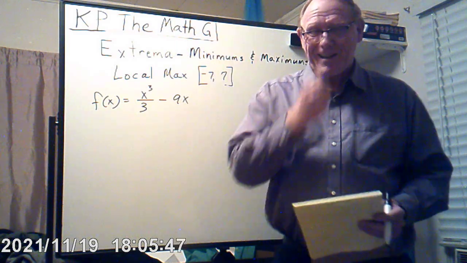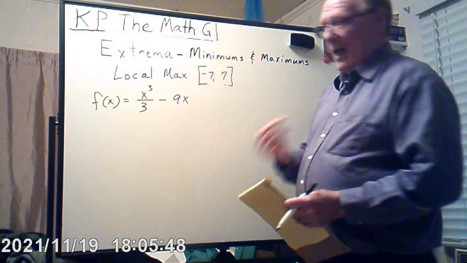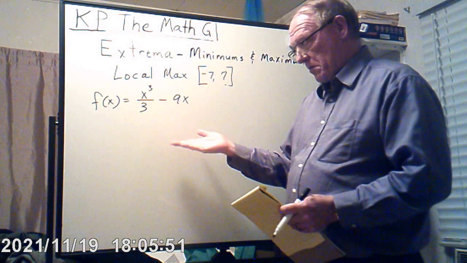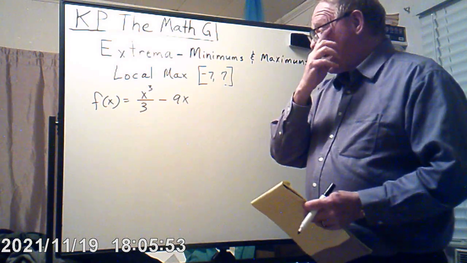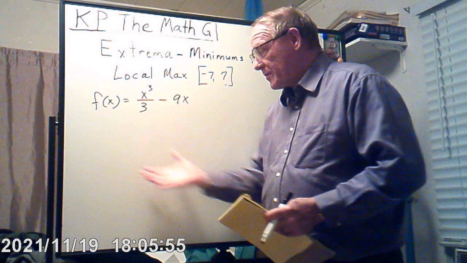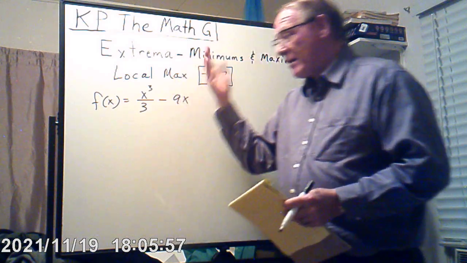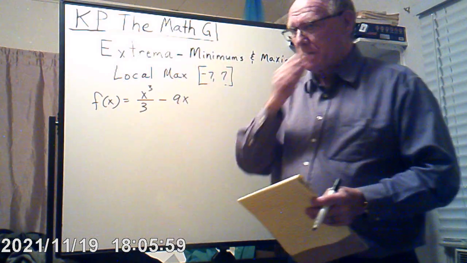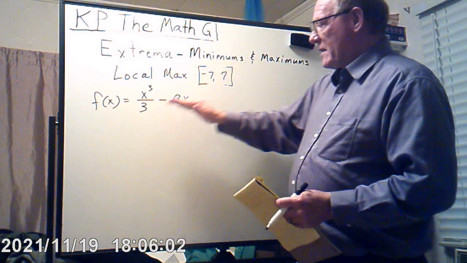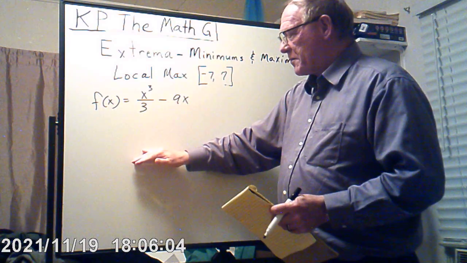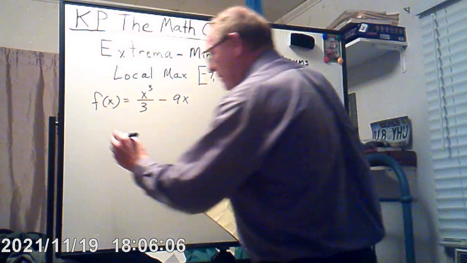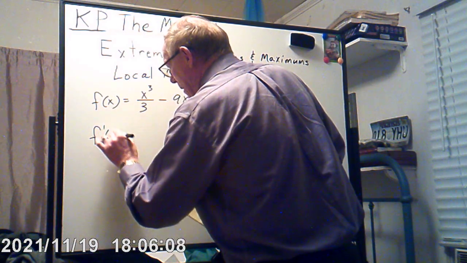We got it right here, okay? We're going to have to find the critical numbers. I'll have to show you some other rules in just a little bit, but we're looking for the critical numbers. Critical numbers come from f prime, g prime.